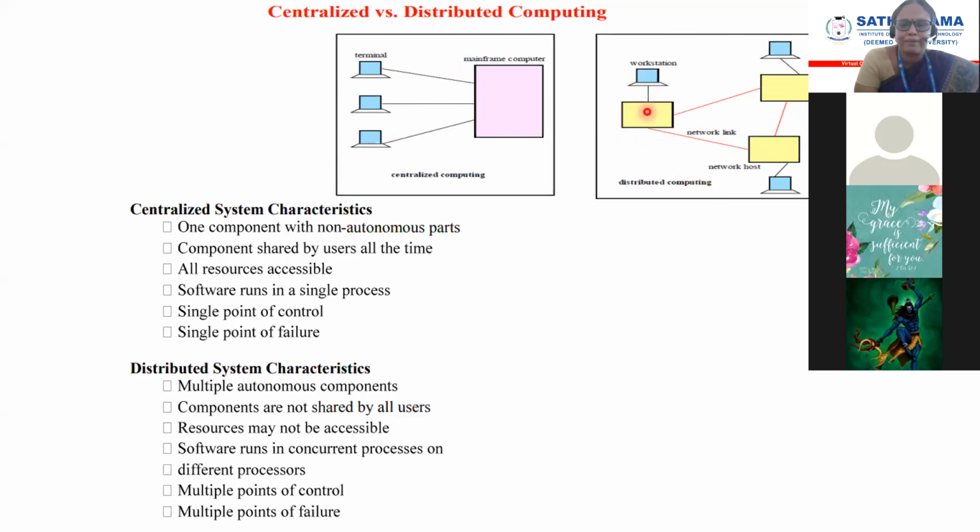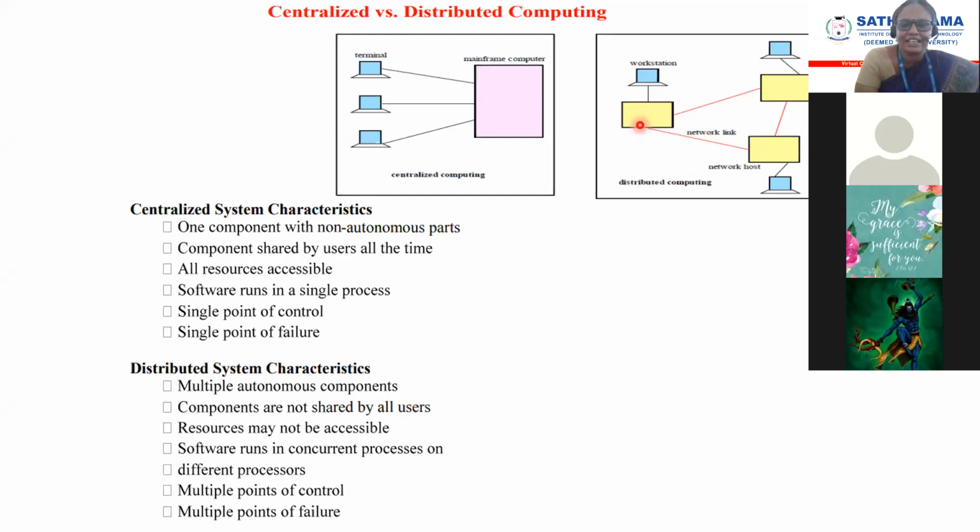Here one network cable connects one workstation to another workstation, and some other will act as a host. So there will be many networks, multiple points of control, so multiple points of failure. If there is any failure, another network link will take over and connect with the various systems. So we have sharing with that.